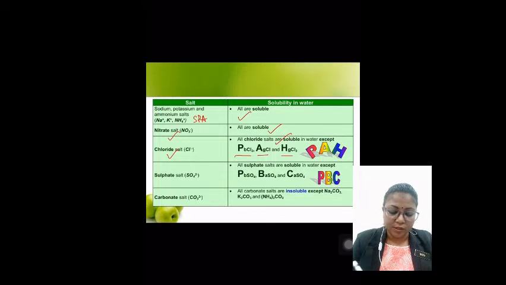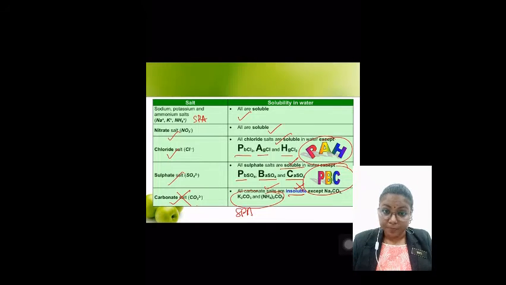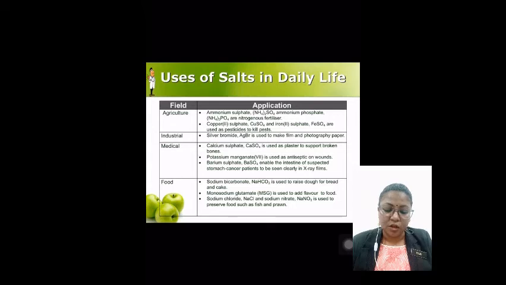So PAH. Sulfate salts are soluble except plumbum sulfate, barium sulfate and calcium sulfate. So PBC. All carbonates are not soluble except SPA, sodium, potassium and ammonium salts, which you already learned in the previous part.